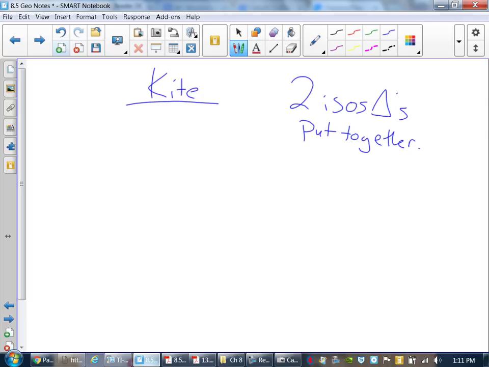Now this one's always weird to draw. You get 2 isosceles triangles put together.